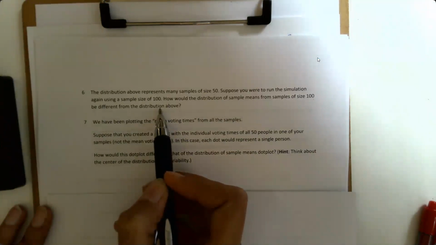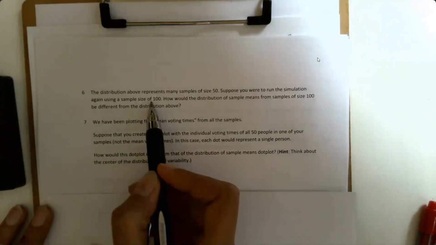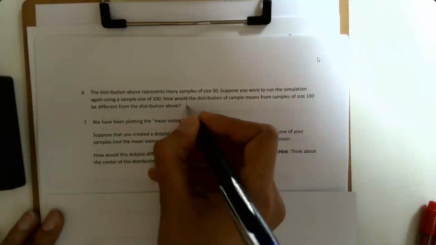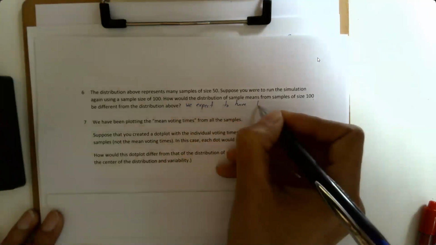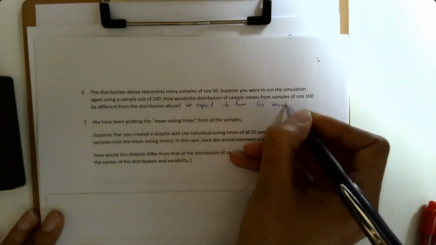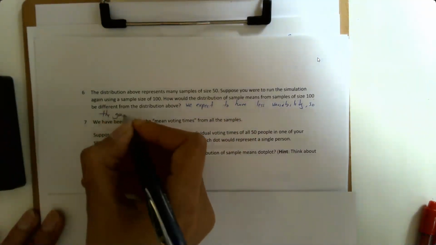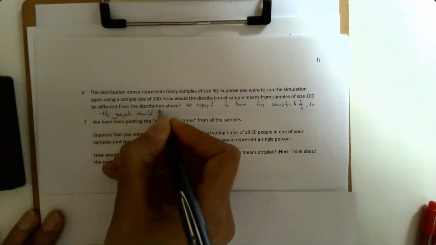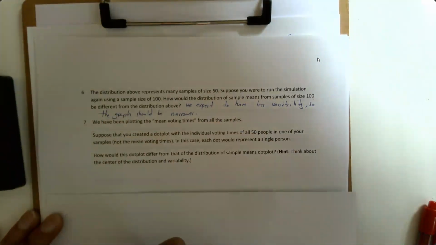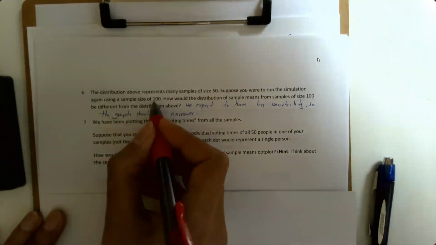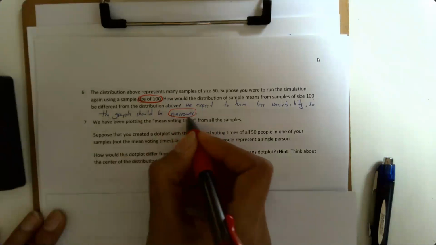As you know, since you're increasing the sample size, we expect to get less variability. So the graph should be narrower. This is our expectation. We are increasing the sample sizes, so we expect to have a narrower graph.